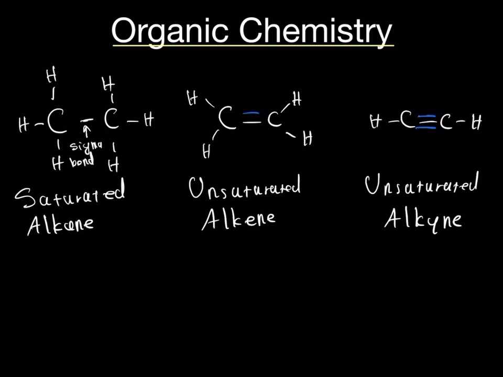If they form more than one bond, the first bond that forms is going to be the sigma, and then the ones that come after are going to be called pi bonds. So, in a double bond, there is one sigma bond and there's one pi bond. In a triple bond, there is one sigma bond and there are 2 pi bonds.